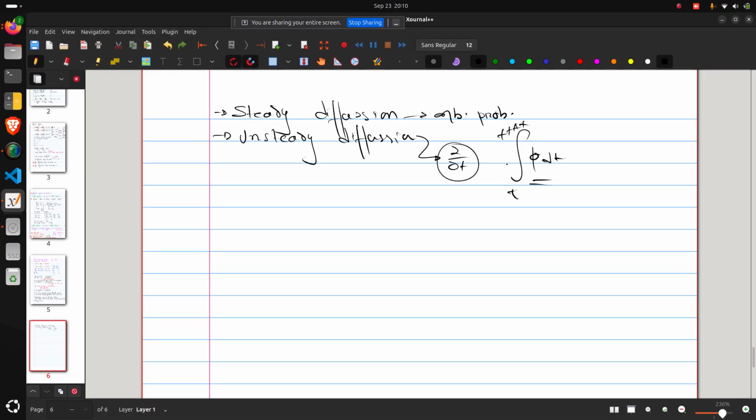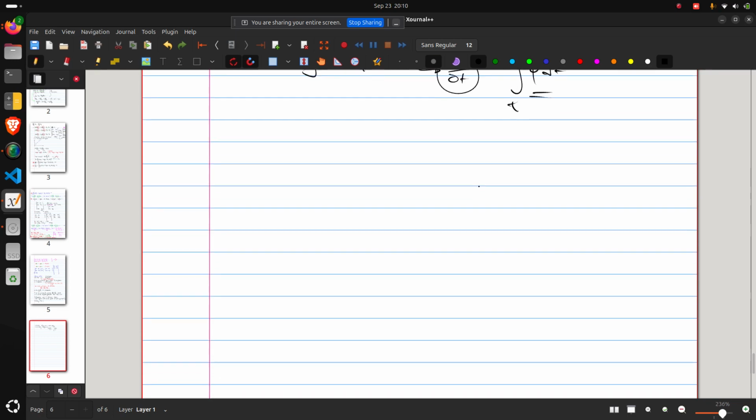Now if you remember the general scalar transport equation, let me just write it down. Rho phi, in vector notation, divergence of rho phi u vector, minus del dot gamma grad phi.